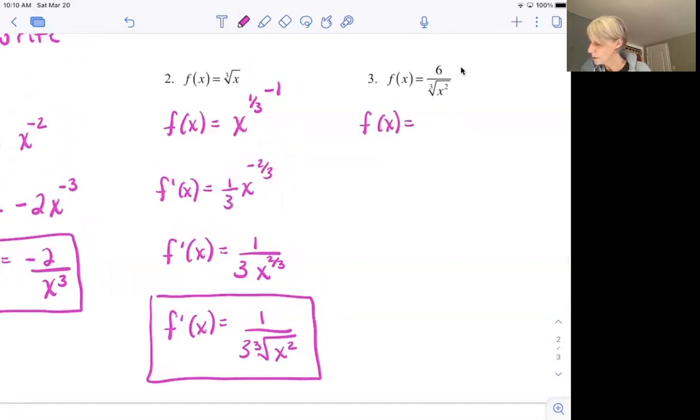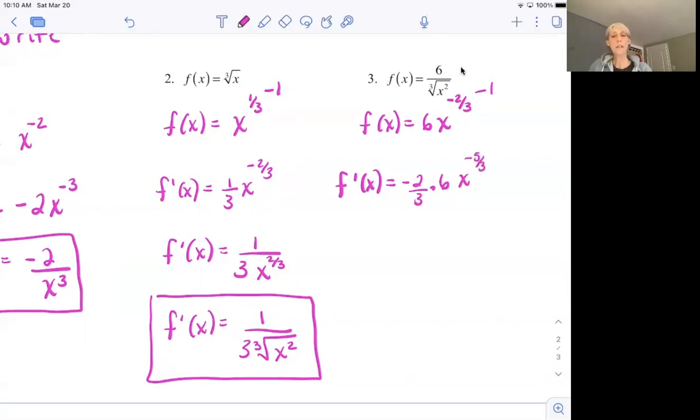f of x equals, now I need to rewrite this, 6x, I'm in the denominator, so when I move it up, -2/3. So my derivative is going to be, I'm going to take this nice and slow with this one. I have -2/3 times 6x to the -2/3 minus 1, which is -2/3 minus 3/3.